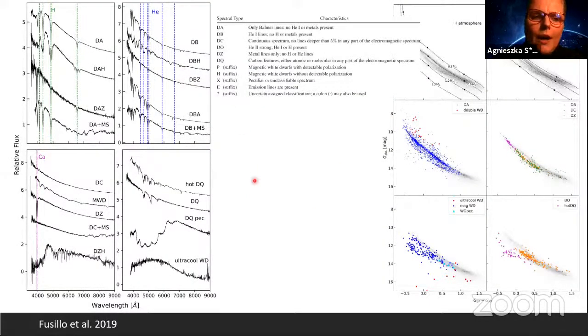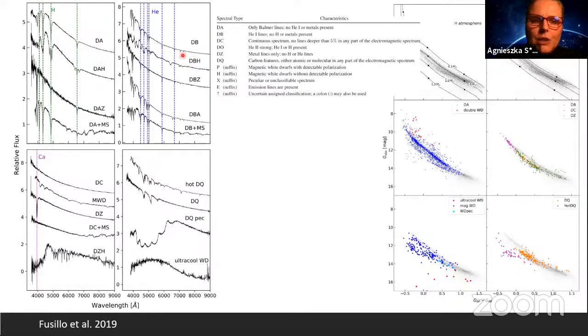Just to remind you, the basic description of the spectral types for the white dwarfs. 80% of white dwarfs are DA type, which means that the atmosphere is hydrogen rich, so you see the hydrogen lines in their spectrum.